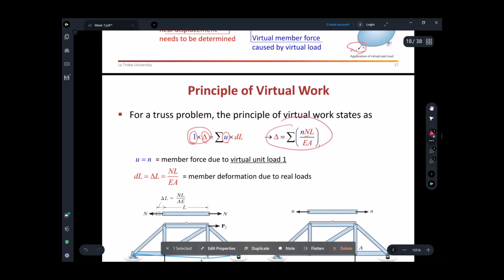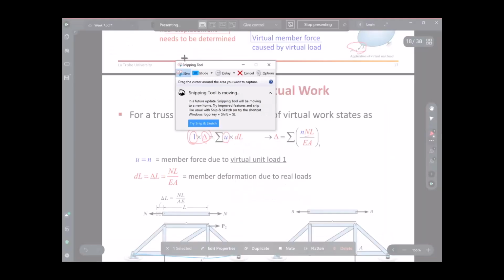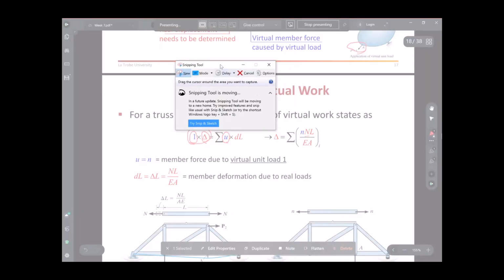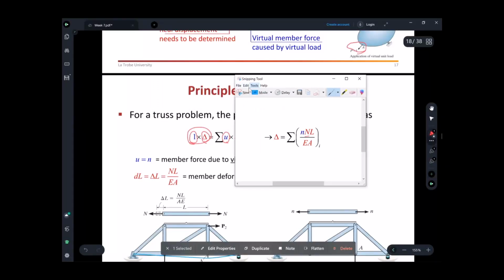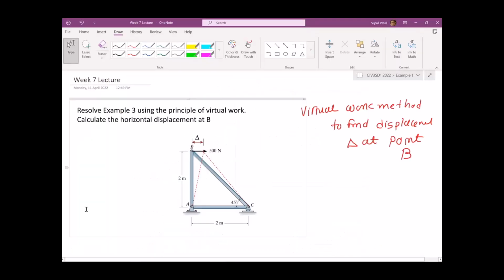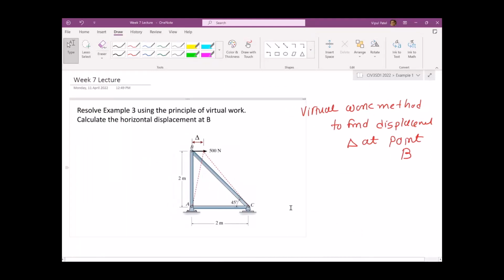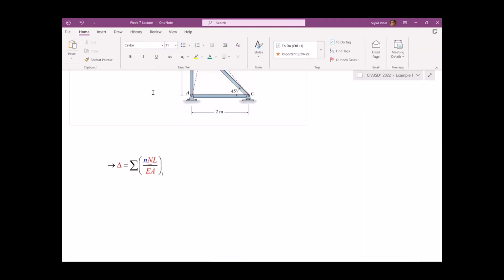This is the formula. Let me copy that formula for you, so you know where it's coming from. So let's say we want to find this. Okay, so that's the formula.